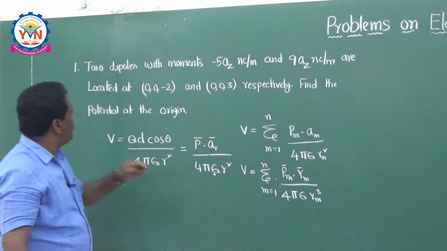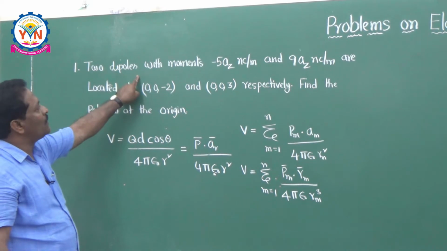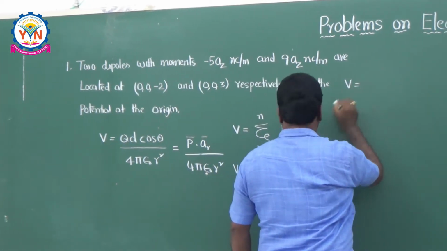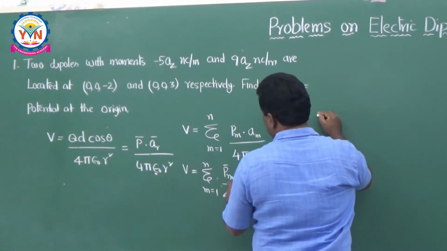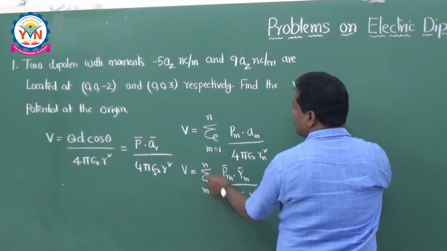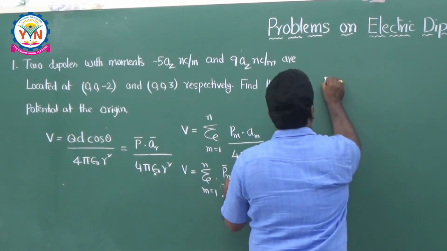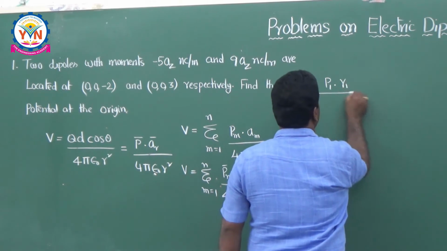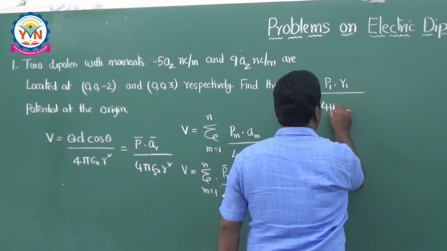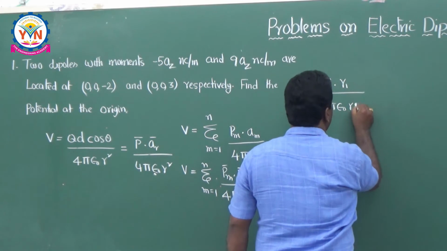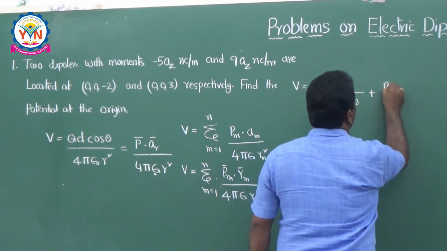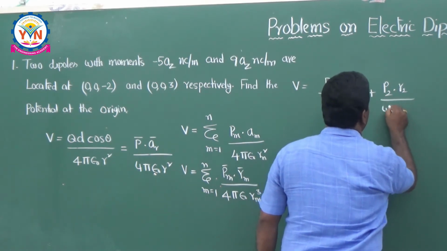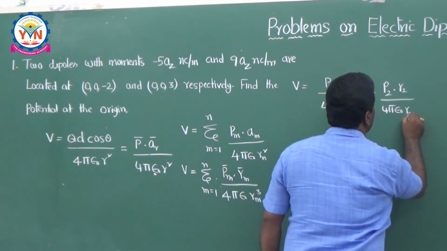Now, as you are having two dipoles here, let us see. Your potential V is equal to the sum with m from 1 to 2, because there are two dipoles: P1 dot R1 divided by 4 pi epsilon naught into R1 cube plus P2 dot R2 divided by 4 pi epsilon naught into R2 cube.